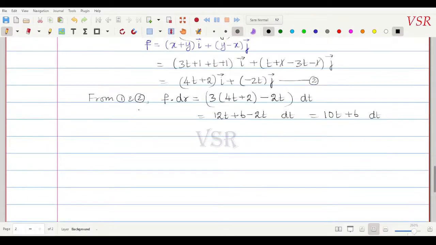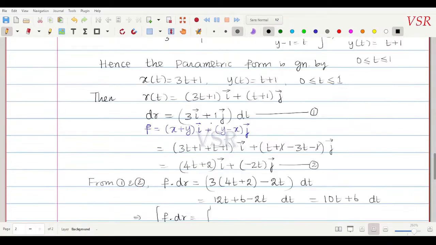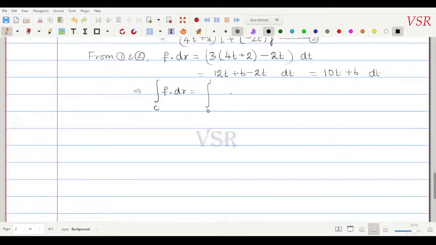So this implies that integral over c f dot dr which is equal to integral over 0 to 1. ஏன்னா இப்போ இந்த ப்ராப்ளத்துல வந்து t varies from 0 to 1. So we are having 0 to 1 10t plus 6 dt.